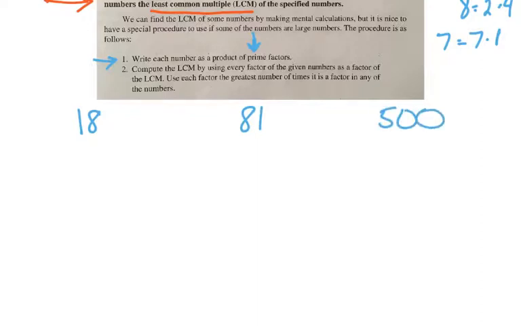I make little branches off a tree, and I always have 2 branches to start with, and I pick 2 numbers that can go into it. You can go in any order because our tree will end up looking the same no matter which numbers we begin with. But we want to start with finding 2 numbers that can be multiplied together to get 18. So to start, I'm going to do 2 times 9.